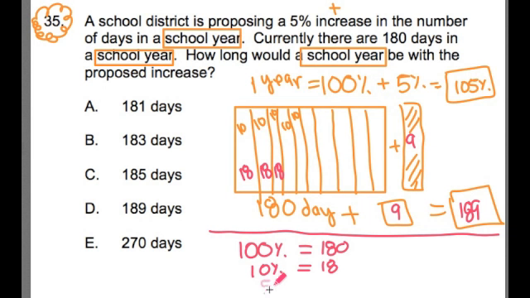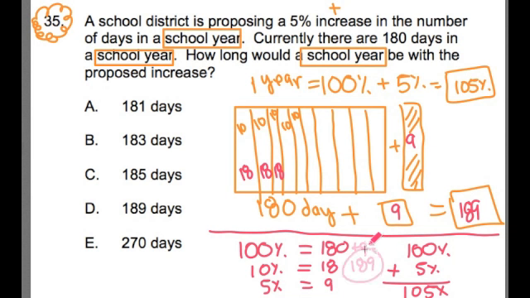Well, 5% is half of 10%, so half of 18 is 9. Now, if I want to find out what 100% plus 5% is, that's really the same as doing 180 plus 9, which gets me 189. Another way to get to the 189 answer. The answer here is D.